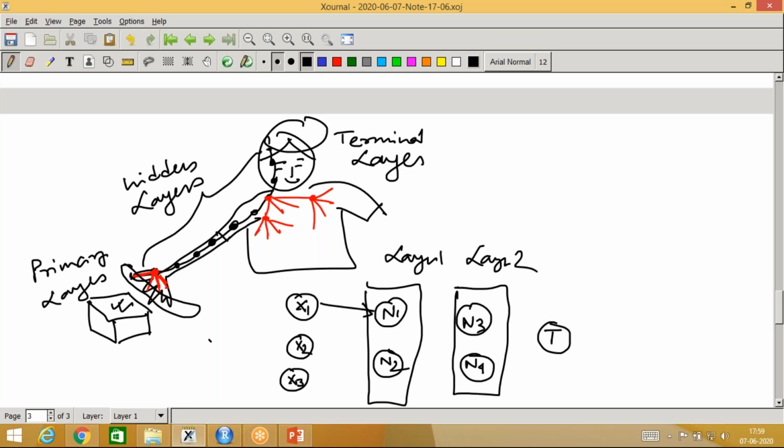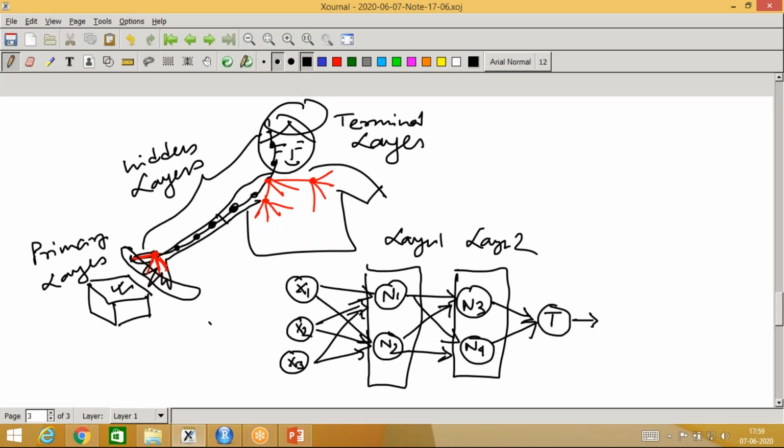This one affects this node, and this one also affects this node. Then N1 affects N3 and N4, and N2 also affects N3 and N4. Then N3 and N4 give the idea to the terminal node, which gives me the information out. So this is the structure of a neural network.